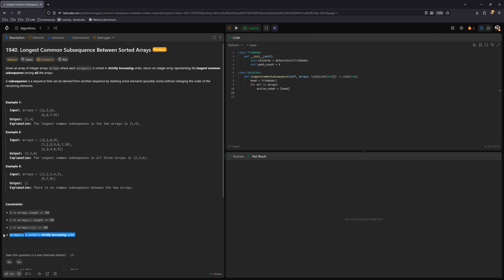Oh, this is it. Arrays of I is sorted in strictly increasing order. Strictly increasing order. So every single one of them has to be increasing. That really does simplify the problem a lot.